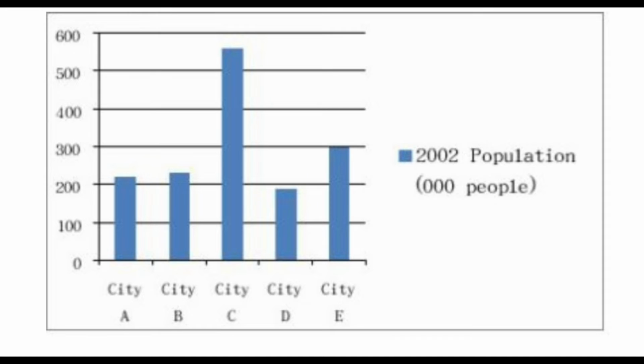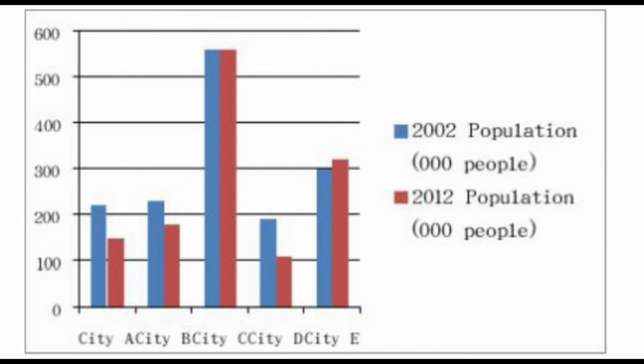A movement data chart would show the 5 cities in 2022 and 2012, and you need to compare the changes like that. It is essential to be clear about the difference, because the way that you write about the data will be different.